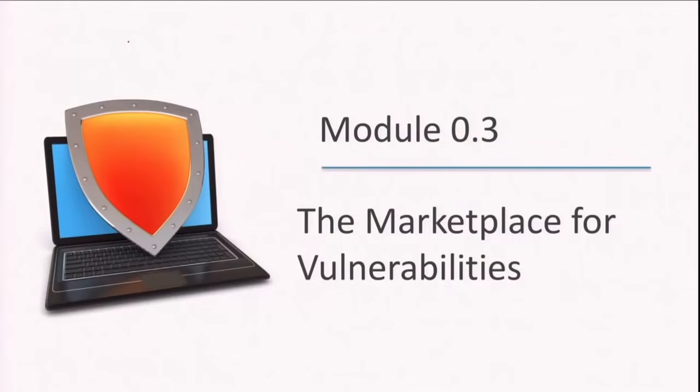It may not be secure from insider attacks. And we'll go into more details of insider attack issues later. So that's the end of the 0.2 module, and in the next module we'll talk about the marketplace for vulnerabilities. We hinted at that before, so we'll talk more about that.